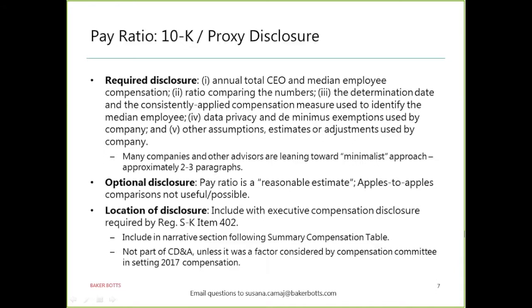Perhaps instead it would make more sense to include it in the narrative following the summary compensation table, where we would be describing the various elements and compensation arrangements that the company has with its named executives.